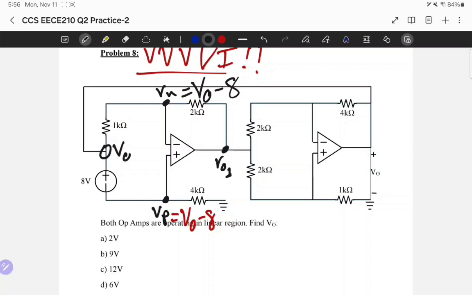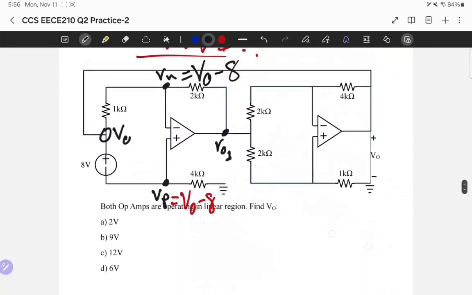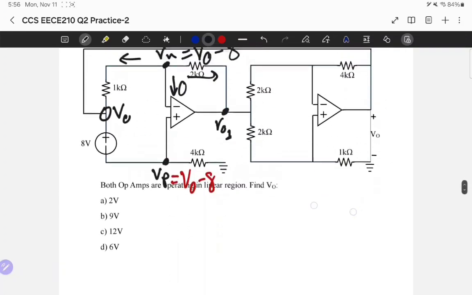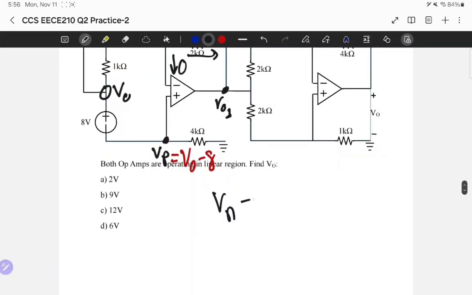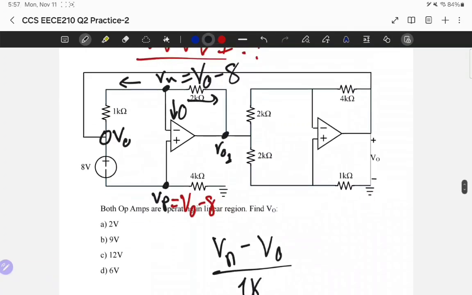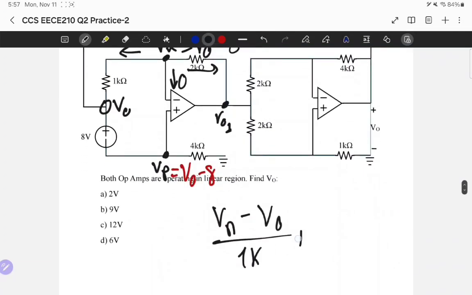Now I do a KCL on VN. The current in here is 0, and the current in here is 0 because no current flows into the op-amp. So VN minus VO divided by 1K, so 10 to the 3, don't forget it. 0, I don't include it.